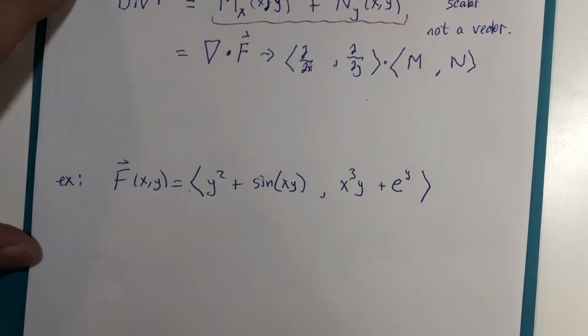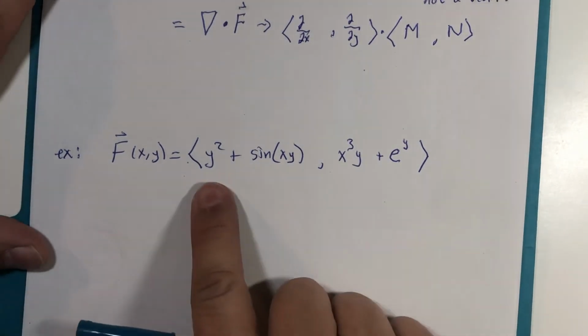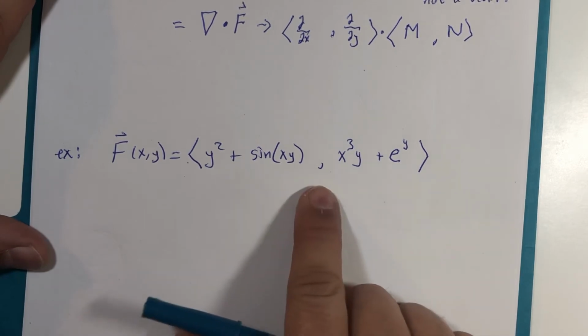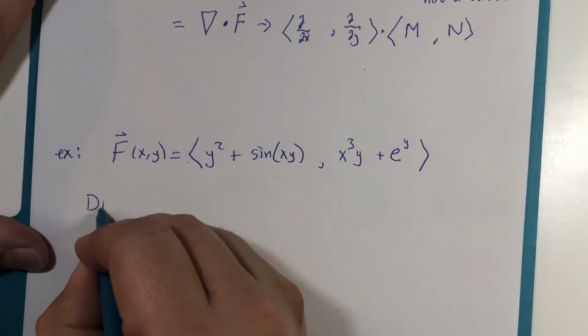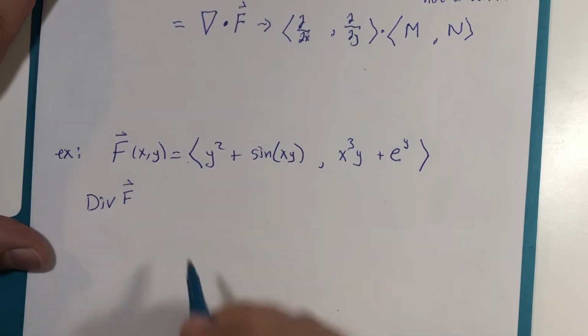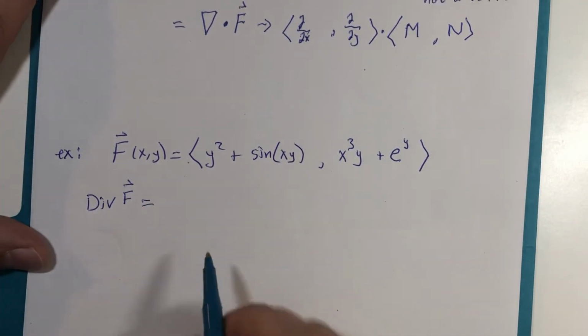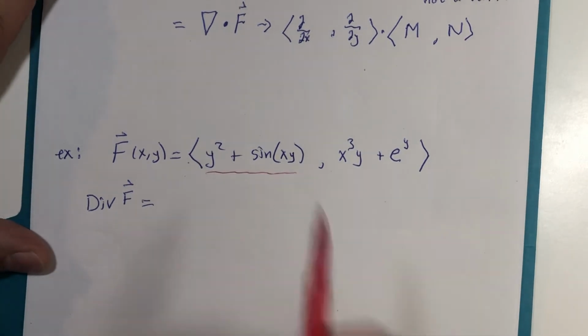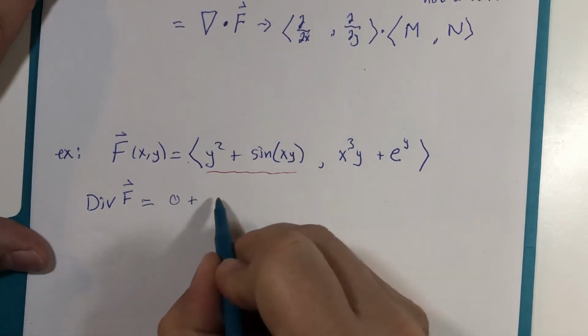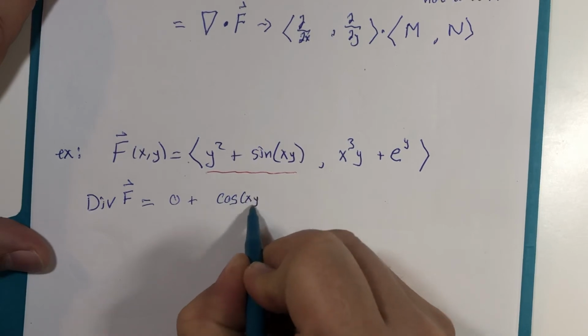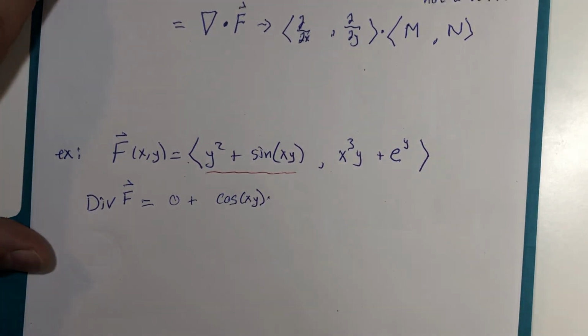if we have this vector field, y squared plus sine of xy, comma, x cubed y plus e to the y power, the divergence of this vector field is going to be the x partial derivative of these components would be 0 plus cosine of xy multiplied by, that's right, times y, plus, now we need to do the partial with respect to y.